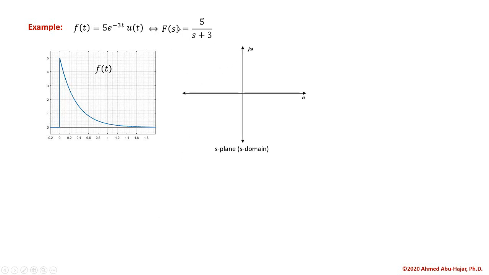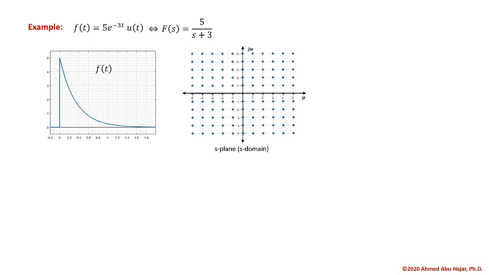Now, f of s is a complex function, and the domain, all values of possible s, is called the s-plane, right? All possible values of s is called the domain. So here we have the real axis, we call it the sigma axis, and the imaginary axis is called the j omega axis. That's to represent s. So we call it the s-plane, which is the s domain.